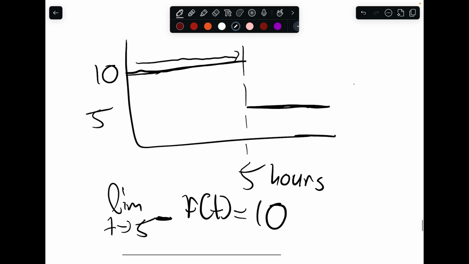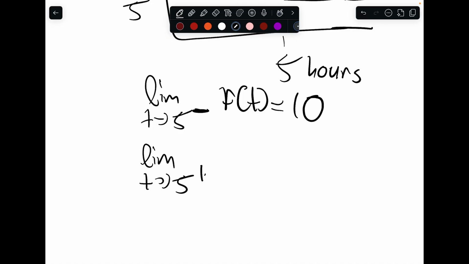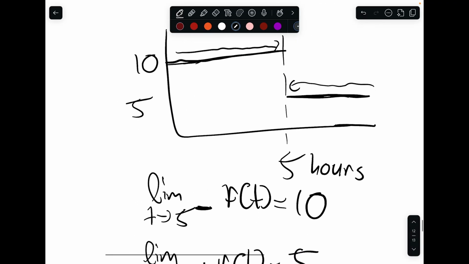But what about when we come from this side of our graph? It goes closer and closer towards 5. So the limit as our function approaches 5 from the right side, 5 plus, is going to equal 5. But wait a minute.